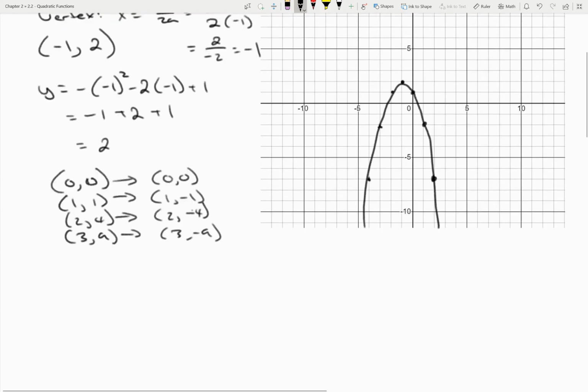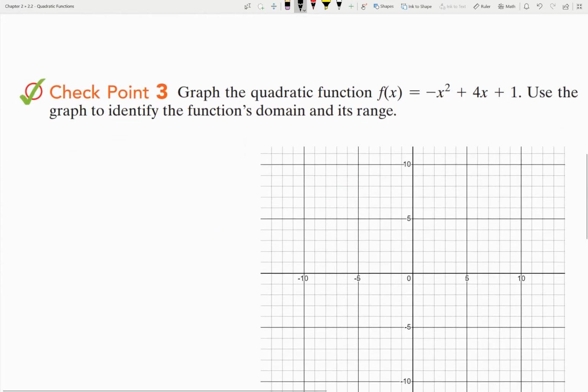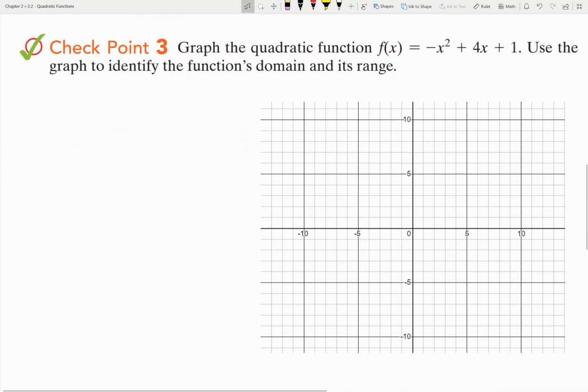Great. Let's try one more like that. Again, a is going to be negative 1. My vertex is going to be negative b over 2a, the x-coordinate, which would be negative 4 over 2 times negative 1, which would be a positive 2.